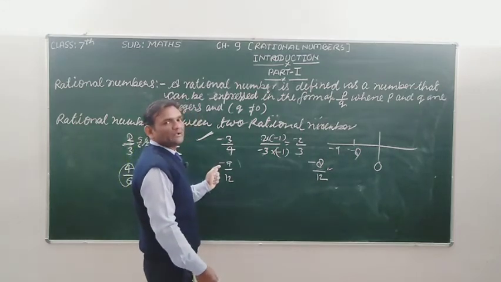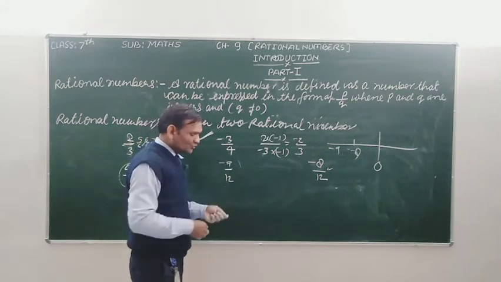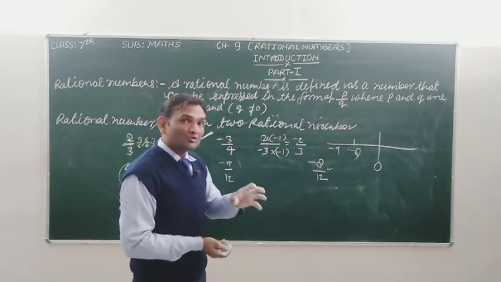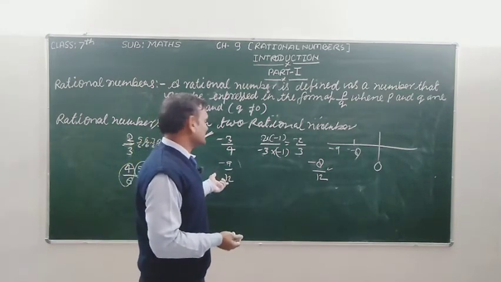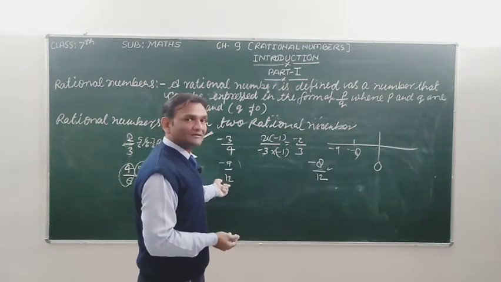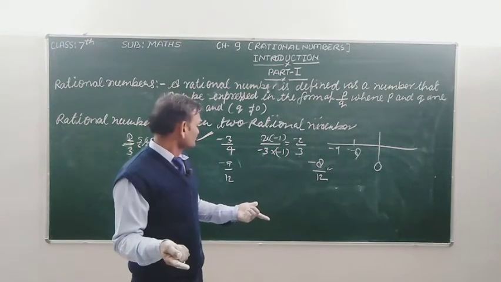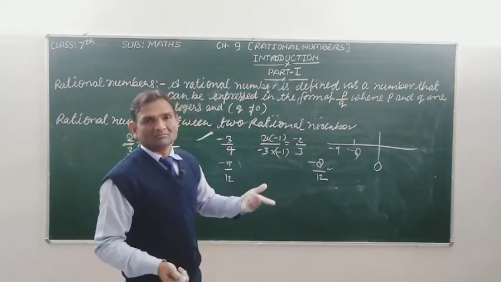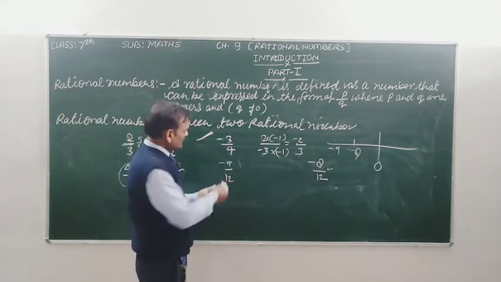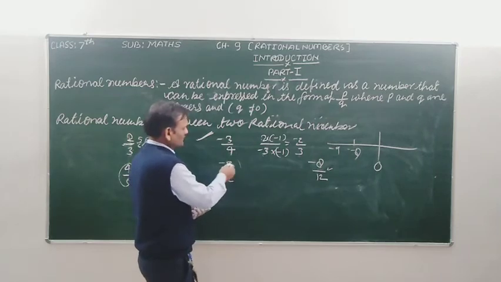In this case, student, we have to make the denominator greater. But how? By multiplying by any number. Like 4, we are multiplying by 4 in numerator and denominator.